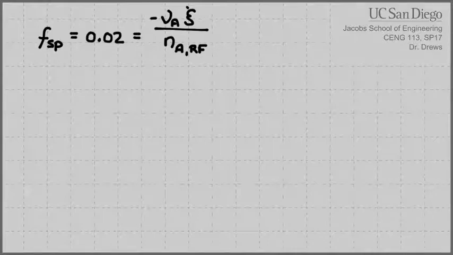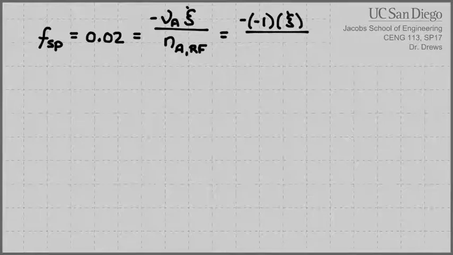We're just talking about the reactor itself. And we know a fair amount of this information. The stoichiometric coefficient of A is -1. Squiggle we don't know, but we're about to figure it out. And the moles of A being fed to our reactor is what we just determined a moment ago, which is 110.